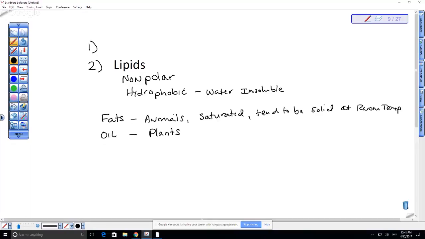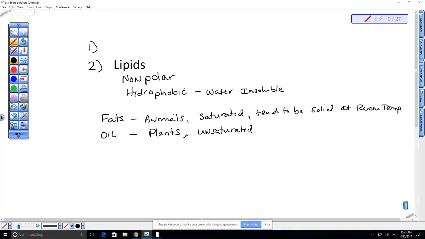Sometimes the house gets too hot and it turns liquid, but generally it tends to be saturated. Where would plants be? Crisco, for example, is mostly vegetable oil, right? Yes, but they have actually hydrogenated it. I'll talk about that in a minute. So then plants are unsaturated.